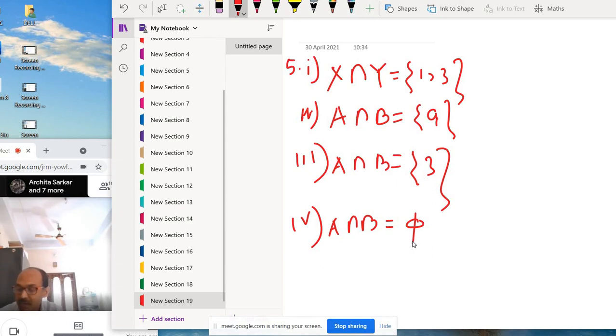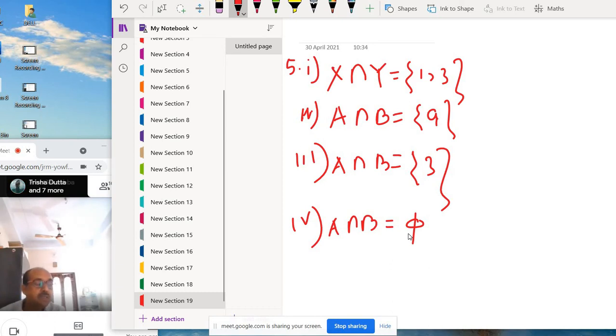Now question number 5. A is the set 1, 2, 3, and B equals null. Null means no elements are there. So is any common point there between A and B?